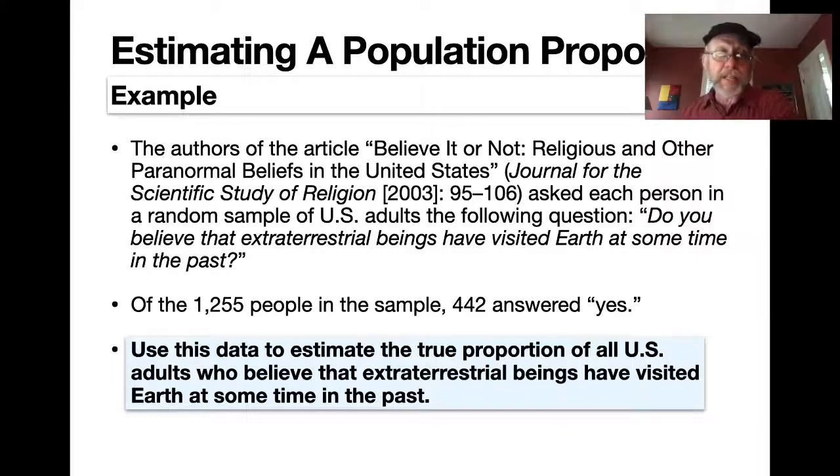And it's fair to say that we don't have the kind of evidence that would be necessary for most scientists to conclude that it's definitely the case that we've been visited by extraterrestrial beings. But nevertheless, 442 people out of these 1,255 thought it was so. And so let's use this information to try to estimate the true proportion of all U.S. adults who believe that we have been visited by ET at some time in the Earth's history.